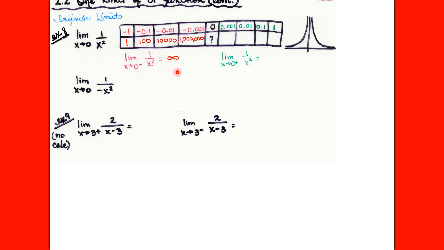Now, that's actually a change that AP made a little while back. Before, on a problem like this, they used to have you give your answer as does not exist. But they changed to ask you to give the answer of infinity, because infinity is actually a better answer than does not exist. A limit doesn't exist for lots of different reasons.